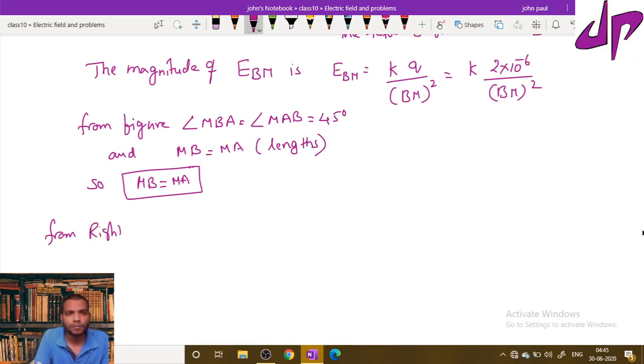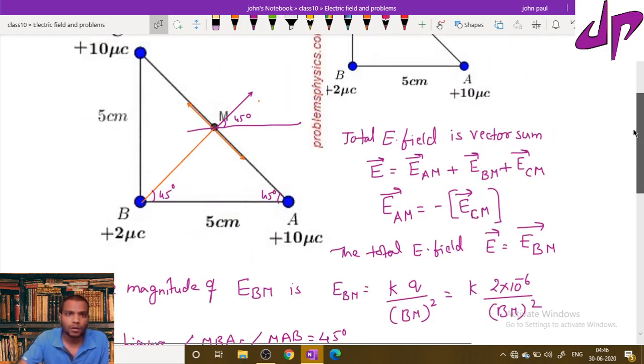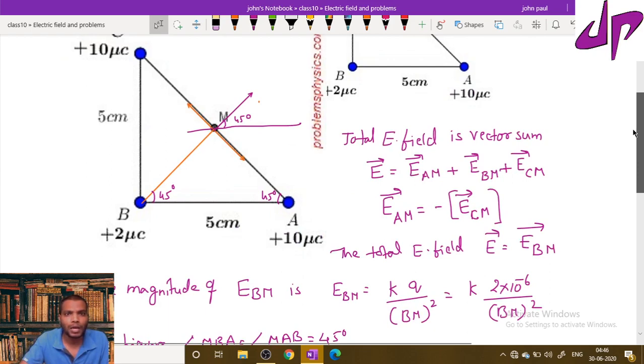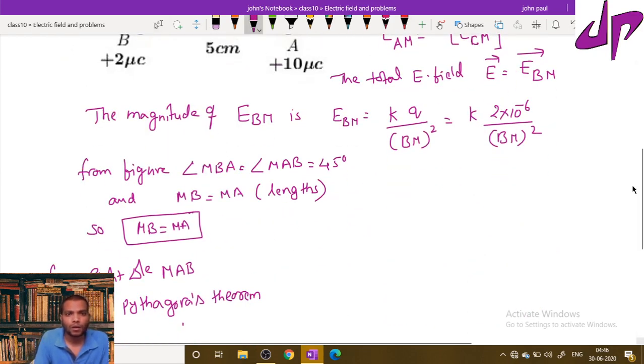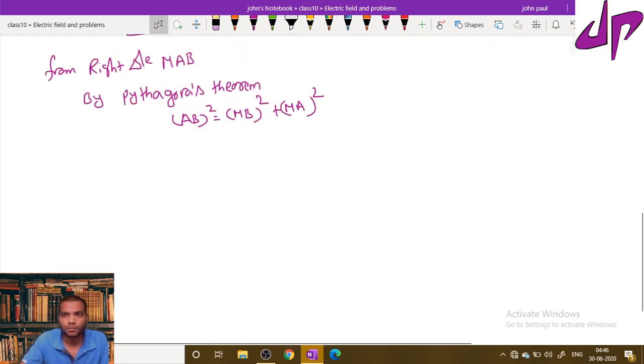From right triangle MAB by Pythagoras theorem, the hypotenuse squared, AB squared, equals MB squared plus MA squared.